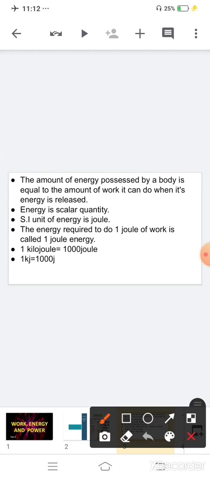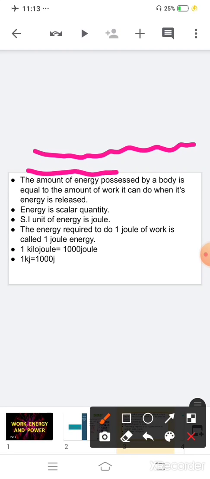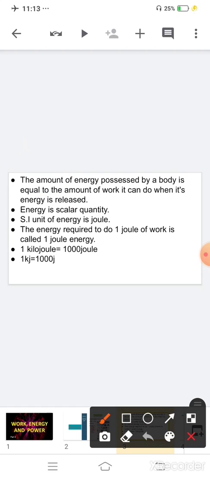The amount of energy possessed by a body is equal to the amount of work it can do when its energy is released. So this is the definition of energy.